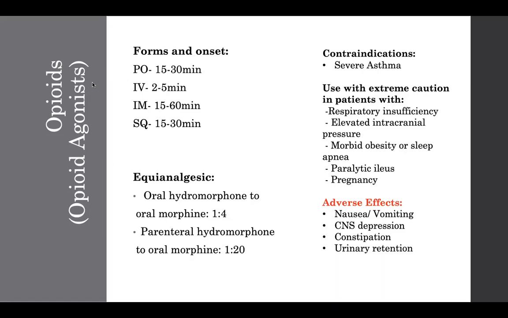So physical dependence is when your body is physically dependent on it, like your body doesn't know how to function without that medication. So if somebody were to take hydrocodone all the time, your body is going to get so used to always having that available that it won't know how to function if it doesn't have it.